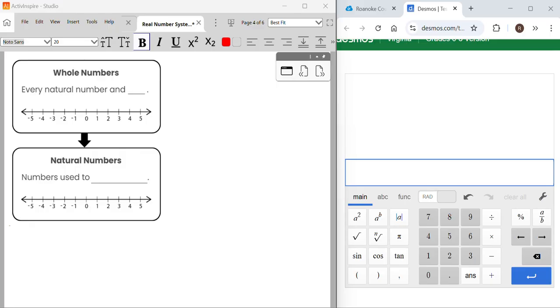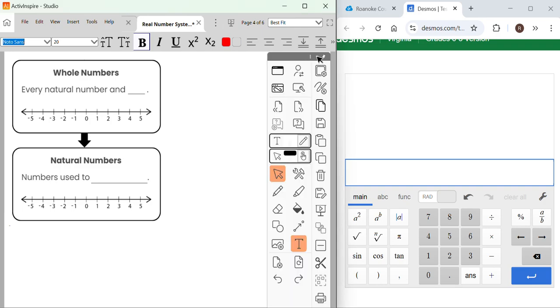Next, we have whole numbers and natural numbers. So I'm going to come back here, and first I'm going to use my text boxes to fill in words, and then I'm going to come back and get my highlighter, okay? So whole numbers are every natural number and 0, all right?